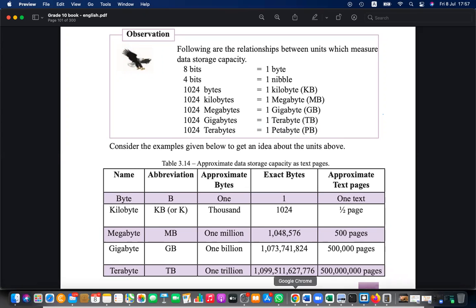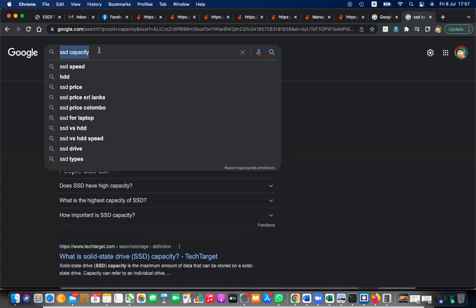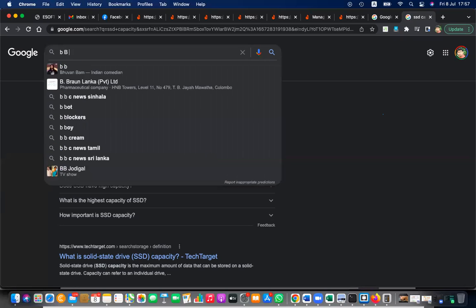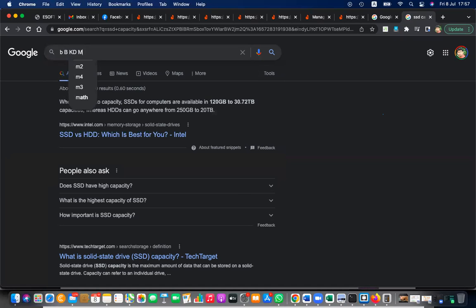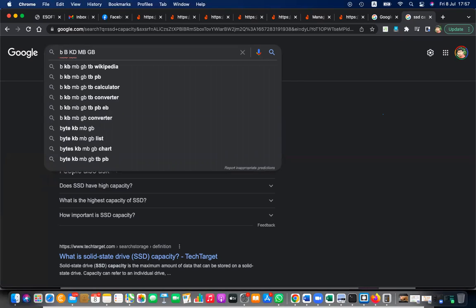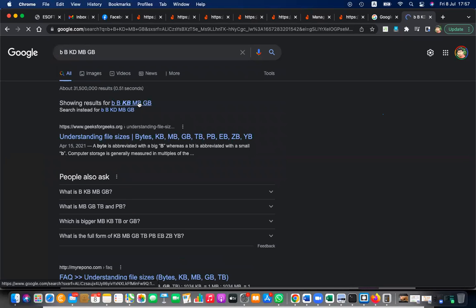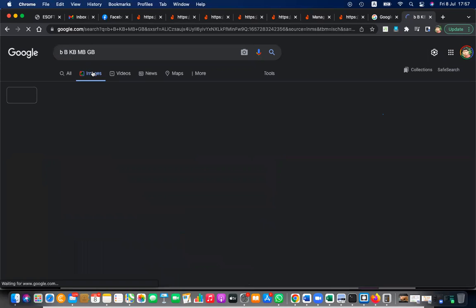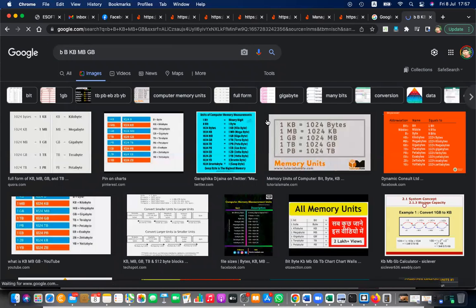If you want to take a screenshot, you are starting from B. Capital B is byte, small b is bit. B, KB, MB, GB, and this goes up to zetta, yotta bytes.